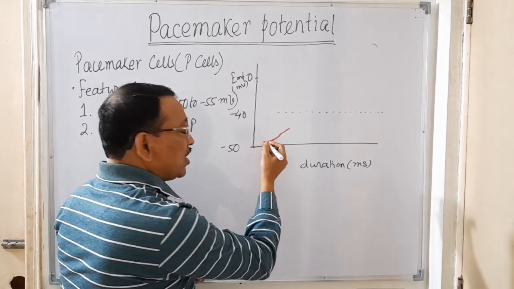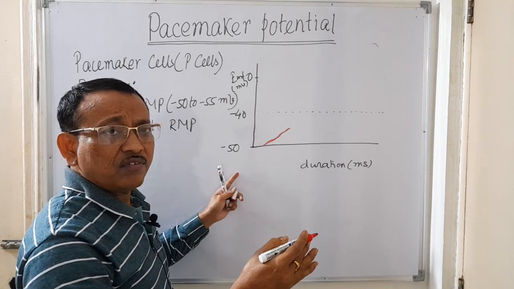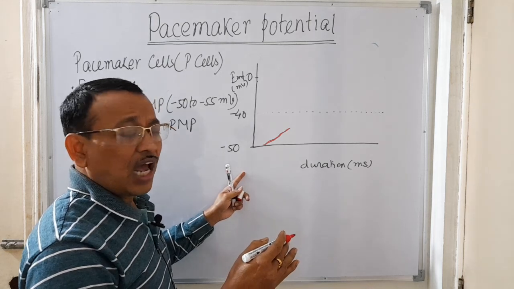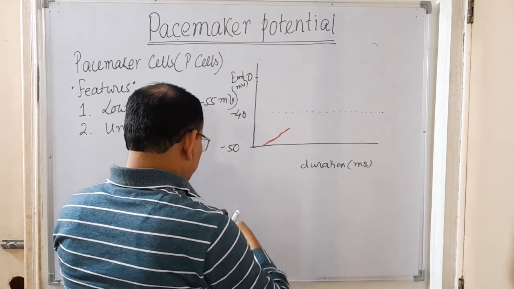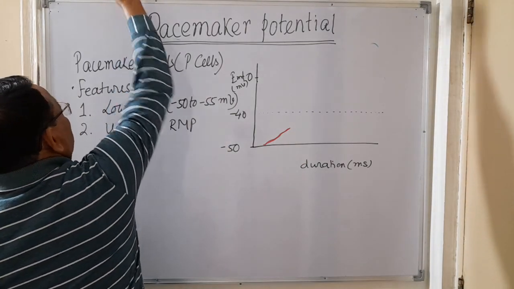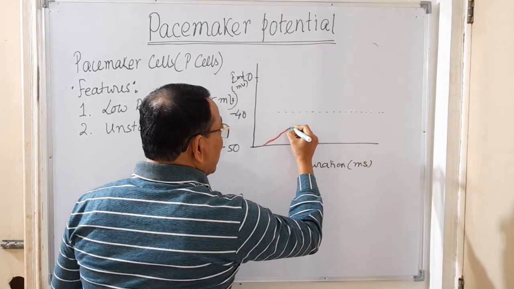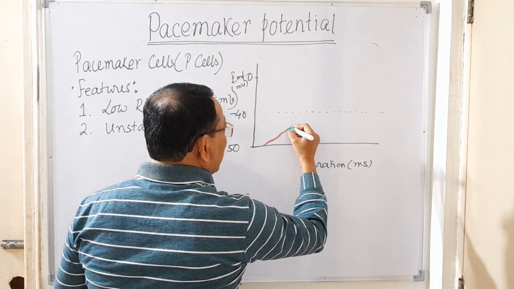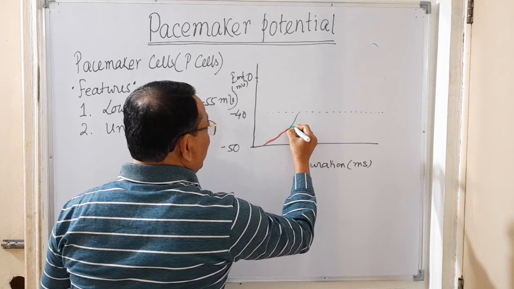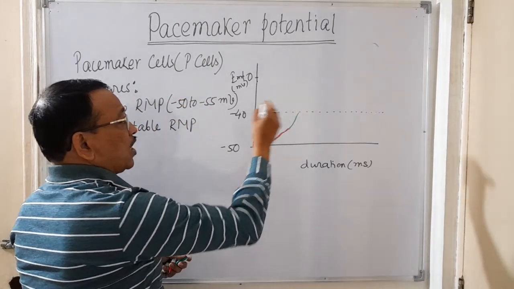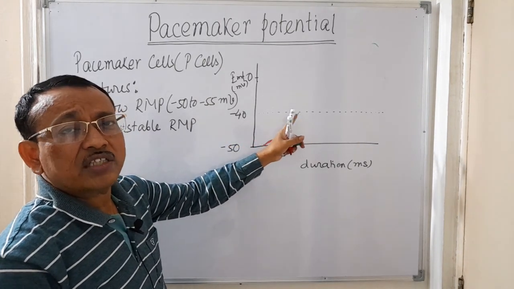So the inside electronegativity is slowly getting reduced, and this is followed by a relatively greater rate of fall of inside electronegativity up to minus 40 millivolt, that is the firing level or threshold level.